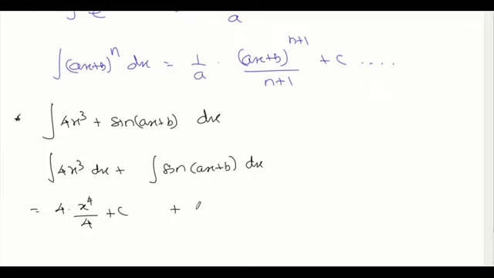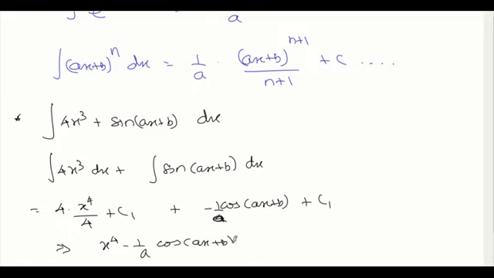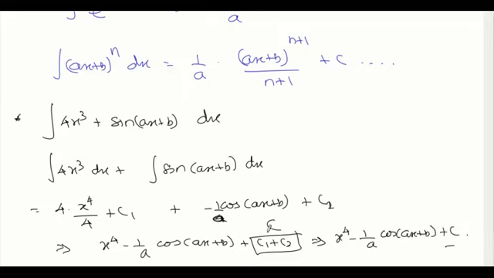Plus for this, it is minus cos of ax plus b by a plus c. But here two constants cannot come, so we write c1 plus c2. So we can write x power 4 minus 1 by a cos of ax plus b plus c1 plus c2, and c1 plus c2 can be written as c. So this implies you can write x power 4 minus 1 by a cos of ax plus b plus c, because if you differentiate the constants c1 and c2, you will be getting 0 only, no?